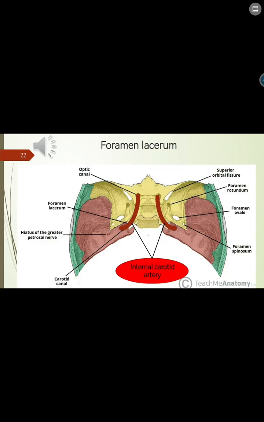And then a branch of the internal carotid artery named ophthalmic runs into the optic canal, and the other branch of the internal carotid artery supplies the brain tissue and neurons.